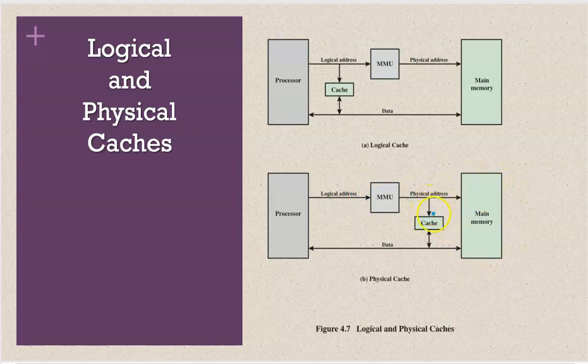Now the cache is connected to the physical address, and it is also connected to the main memory and to the data line that is connected to the processor. So the difference is where the cache is located. For the physical cache, the cache is located at the physical address, and for the logical cache, the cache is located at the logical address.